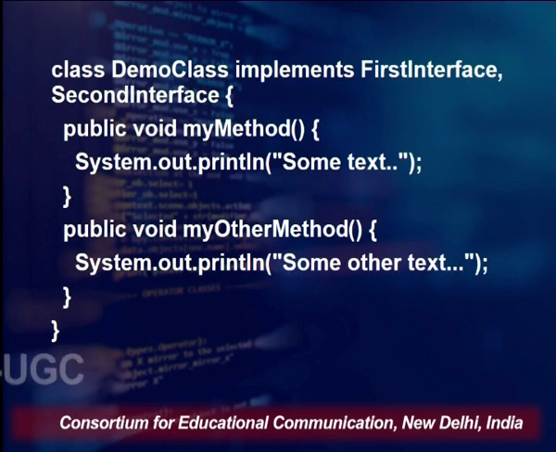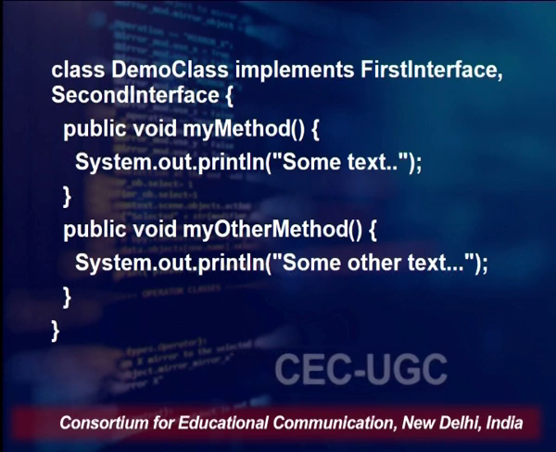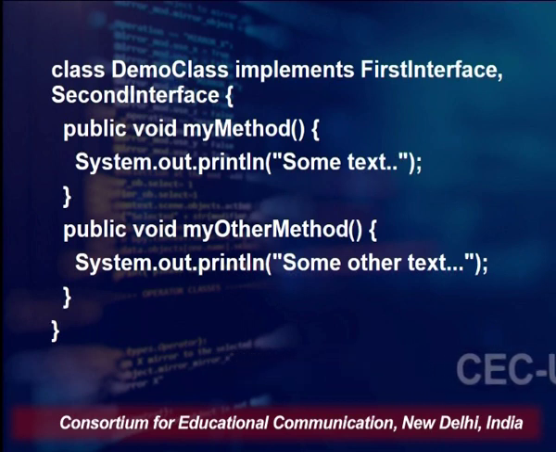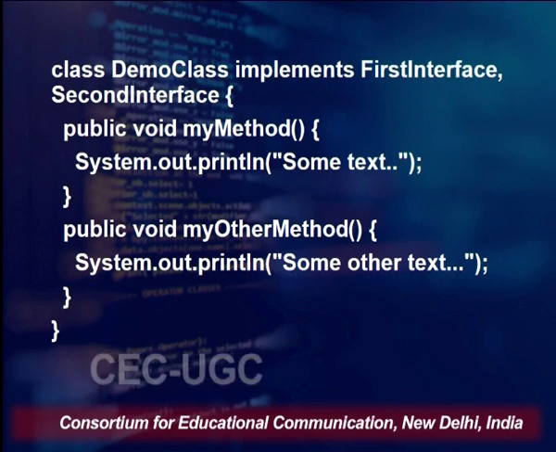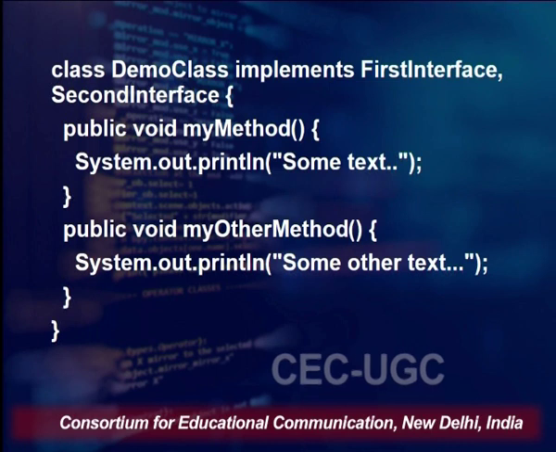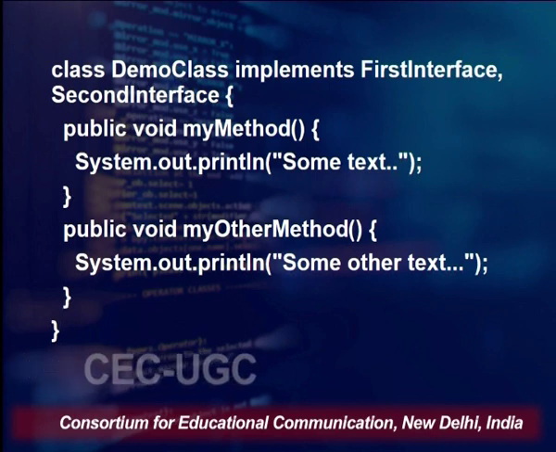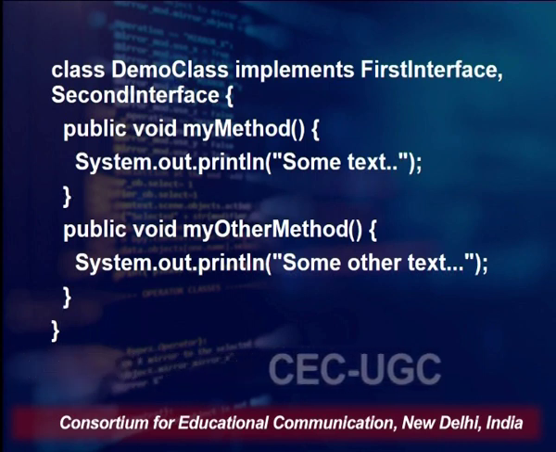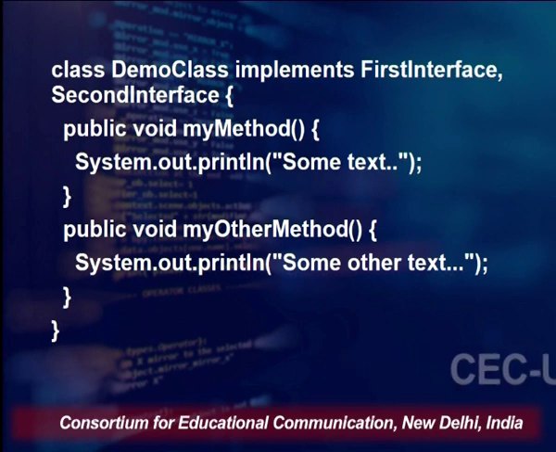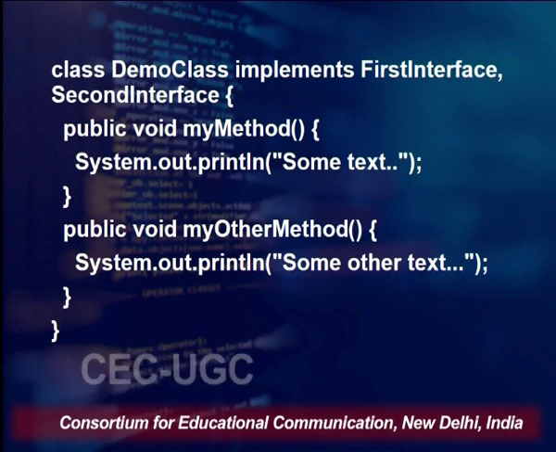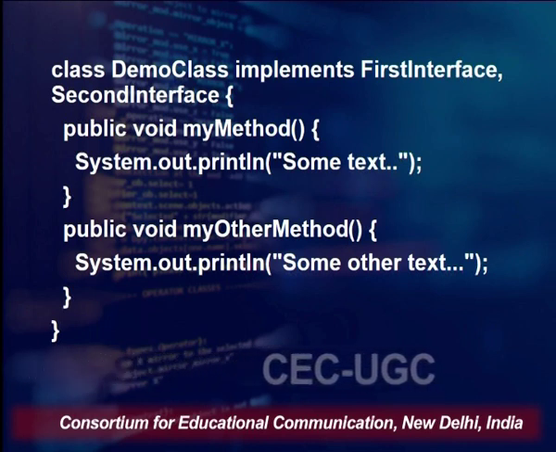So, here this class demo class is implementing first interface, separated by comma, the other name of the interface which is second interface, and as it is implementing the two interfaces, the methods my method inside the first interface and my other method inside the second interface need to be given a body inside this class, and so it is done here.